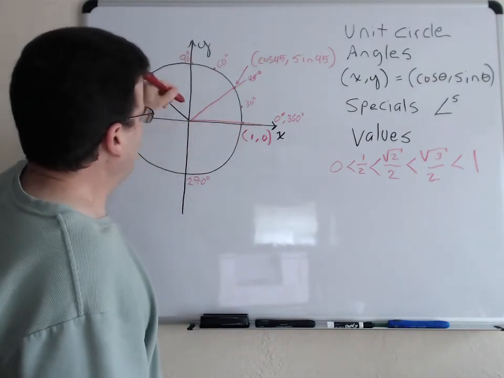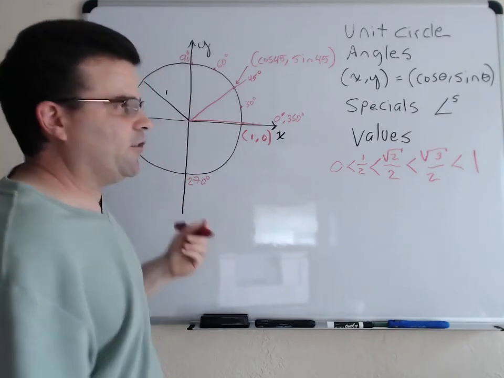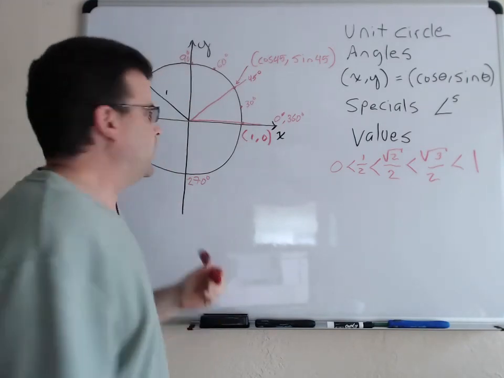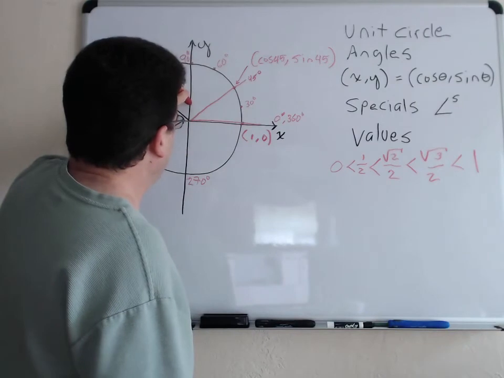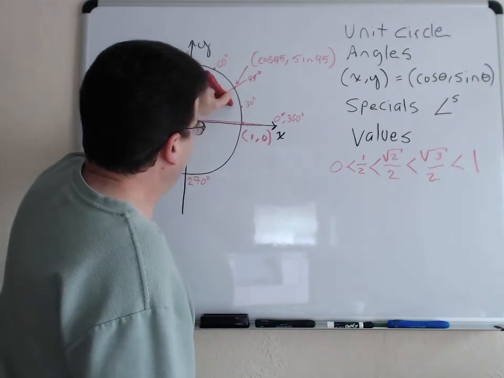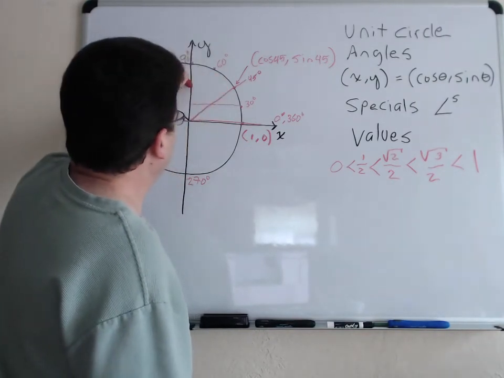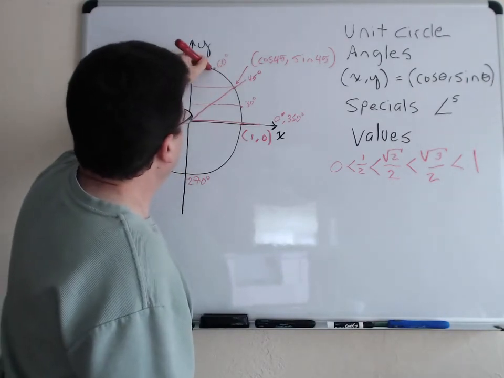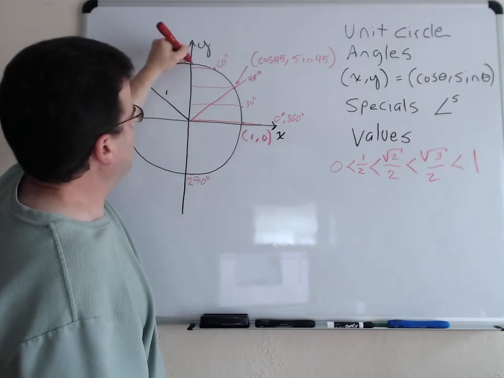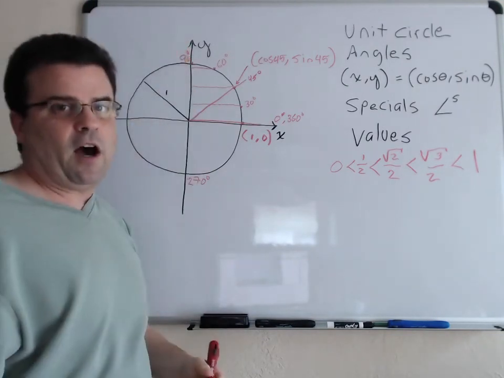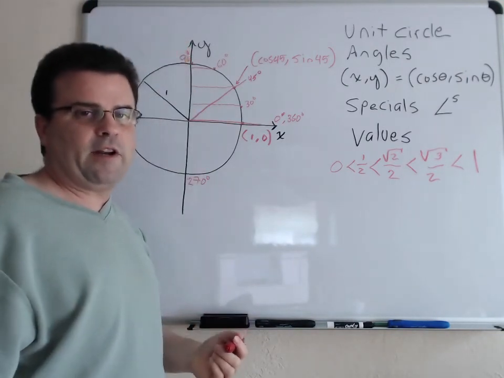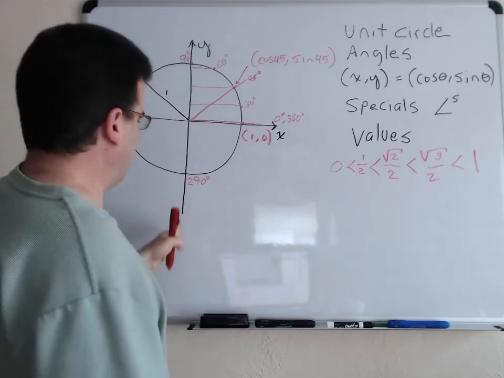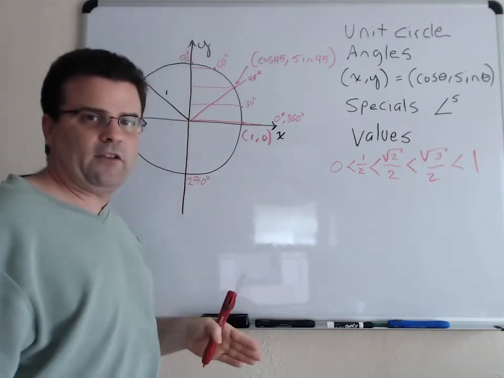The x-coordinate is just the distance from the y-axis. So the x-coordinate here is going to be this length, and here this length, and here this length, and the x-coordinate here is going to be 0 because it's on the y-axis. Anywhere on the y-axis, the x-coordinate is 0.